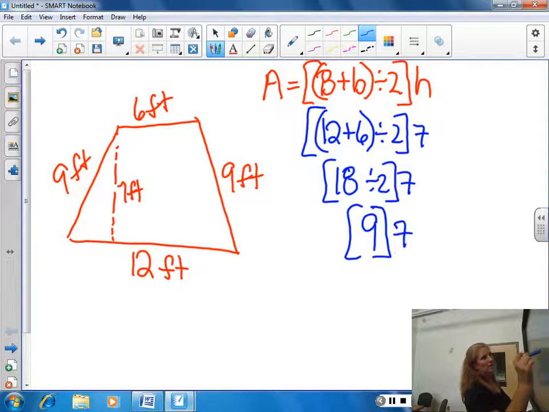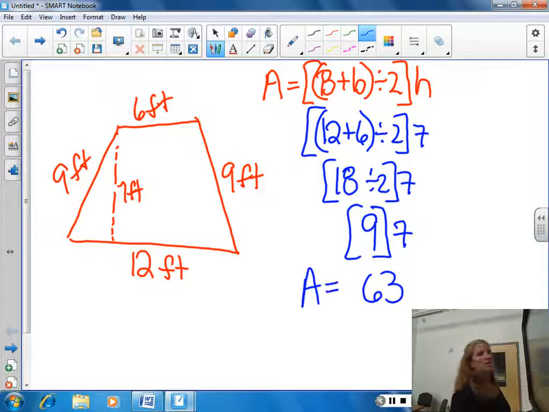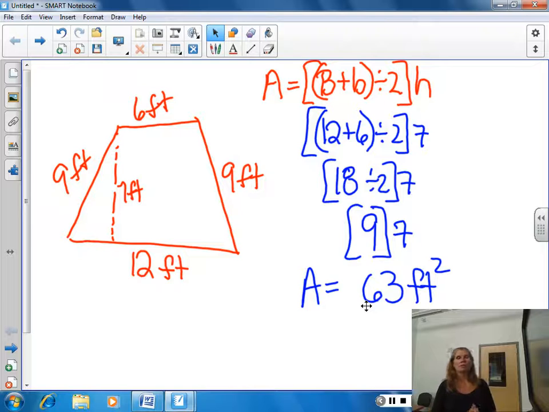And 9 times 7 is 63. It's not just 63, it's 63 with a unit attached, and that unit is feet squared. And the perimeter of this will just be add up all the sides, the length of the sides.